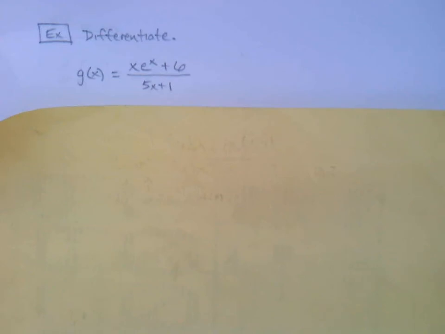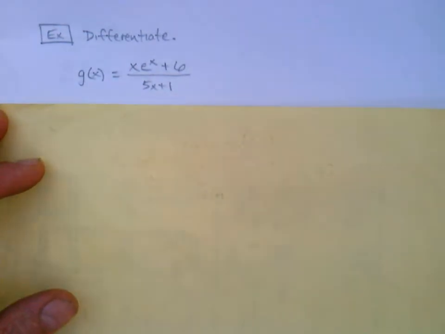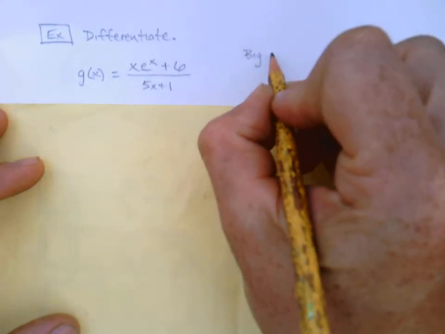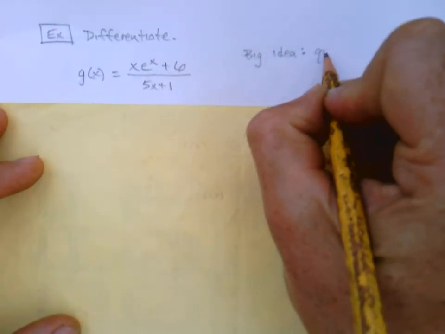Okay, what's the big deal? Well, it's got to use quotient rule. We can see that, right? We got obviously a numerator and denominator. But within that quotient rule, there will be a product rule. So I'm going to write this out. So like the big idea is the quotient rule.